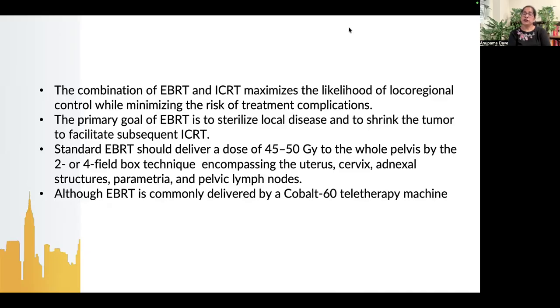Standard EBRT should deliver a dose of 45 to 50 gray to the whole pelvis by a 2 or 4 field box technique encompassing the uterus, cervix, adnexal structures, parametria, and pelvic lymph nodes. Although external beam radiotherapy is commonly delivered by cobalt 60 therapy machines, some newer machines are available now.